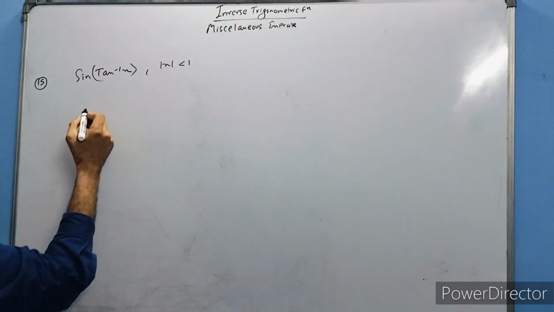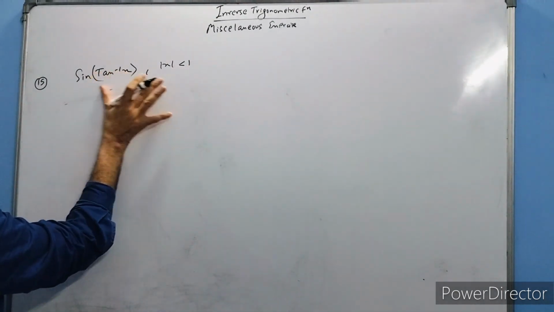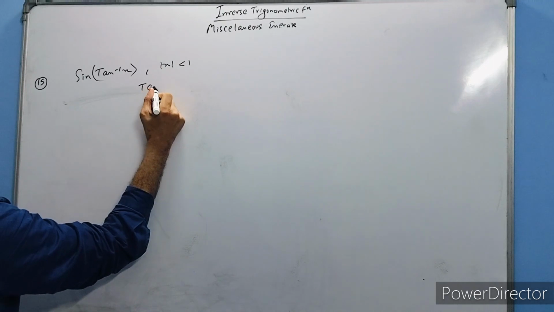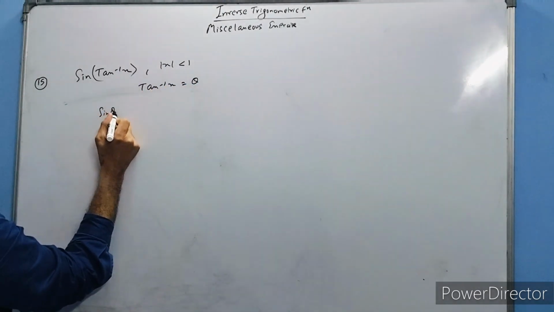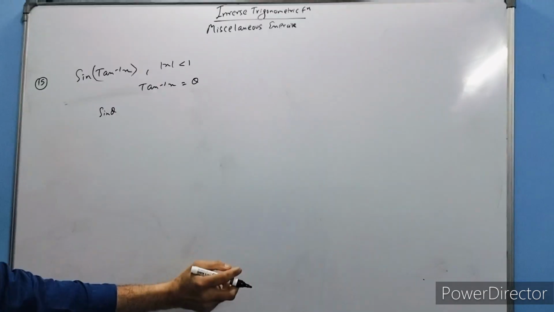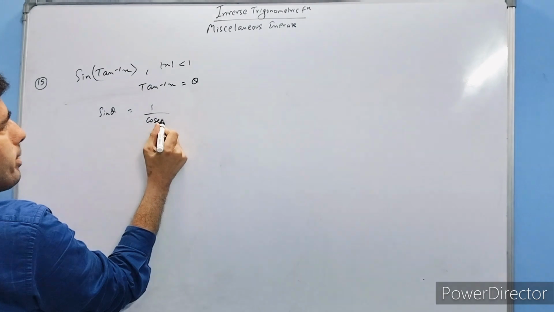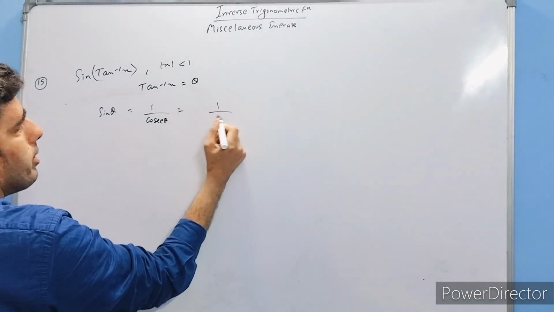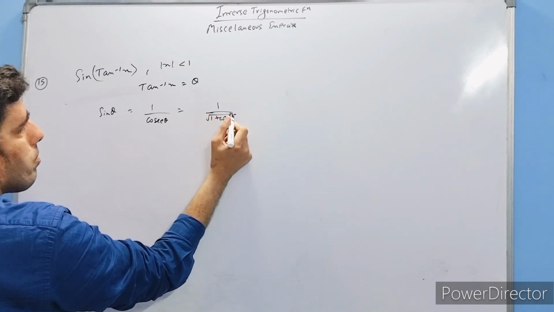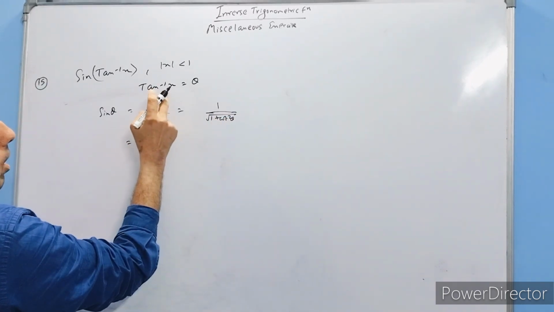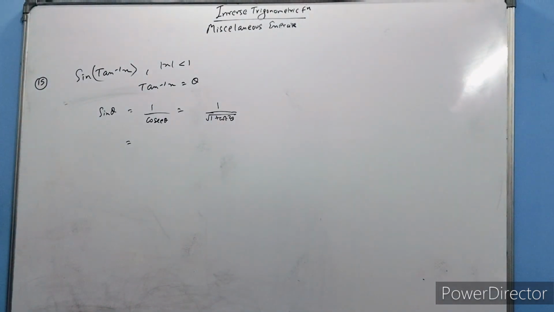What we can do is take tan inverse x is equal to theta. So we'll write sin theta. Now we can write it as 1 upon cosec theta, or we can write as 1 upon root of 1 plus cot square theta.